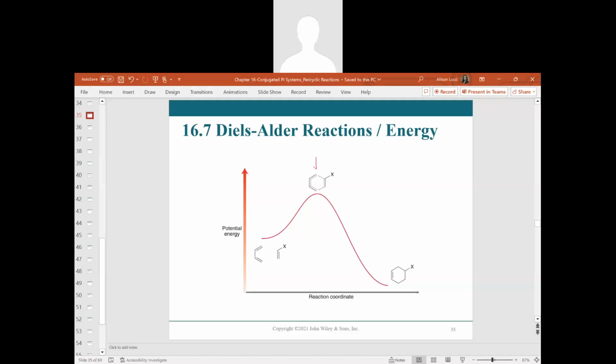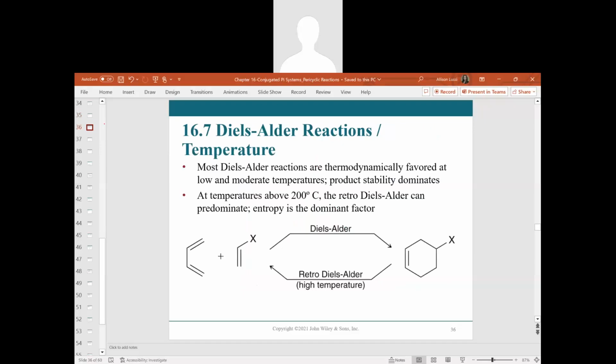And again, we can see the simultaneous formation and breaking of 3 bonds at the same time. And we have this cyclic electron loop system here as our transition state. So we know that that's common to the transition state of these Diels-Alder reactions.